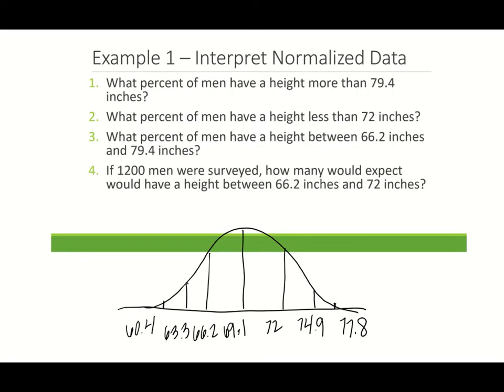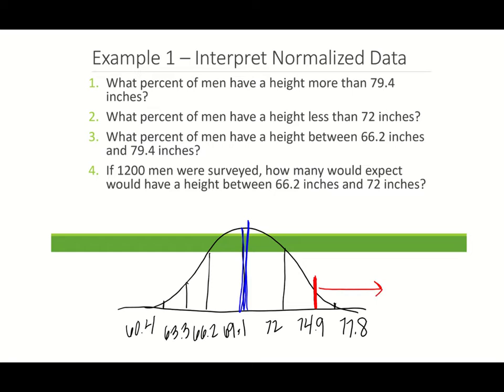So now that we've created a normal curve for our data, we want to interpret it. It says, what percent of men have a height more than 74.9 inches? So if we go to our normal curve and we find 74.9, it's right here, and we know that our mean is here. We want to know how many men have a height more than this.